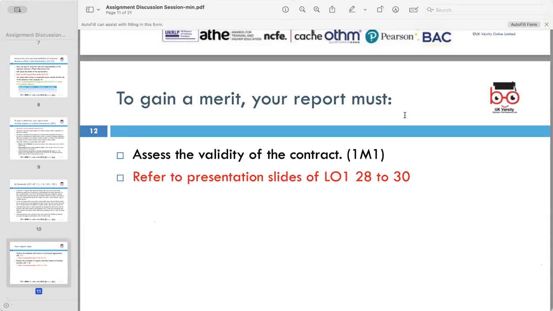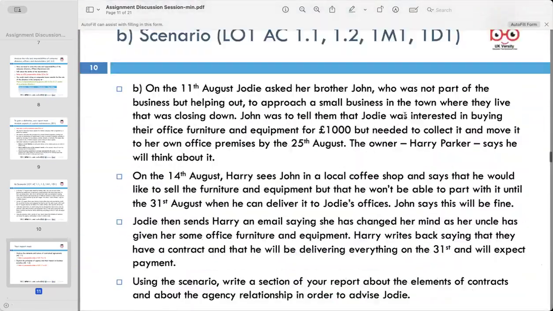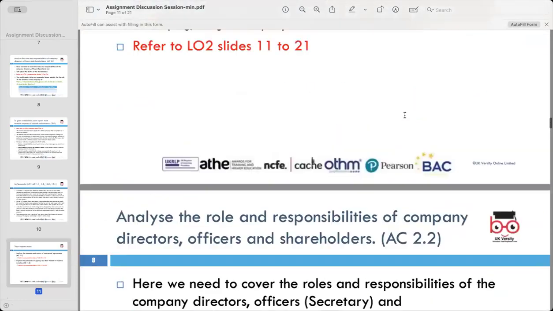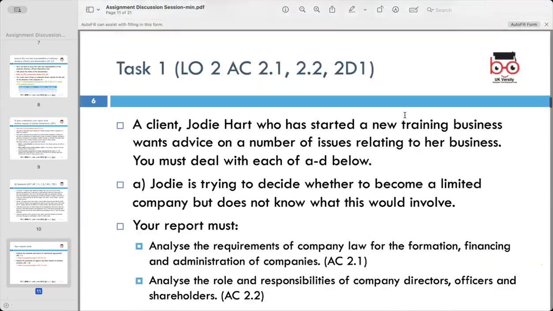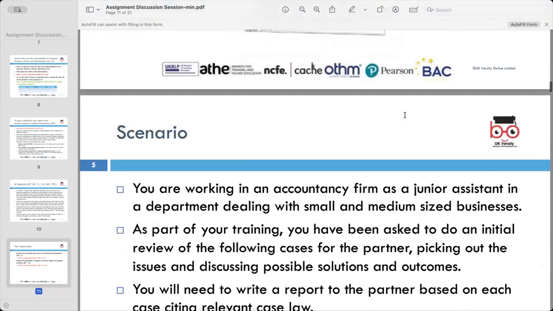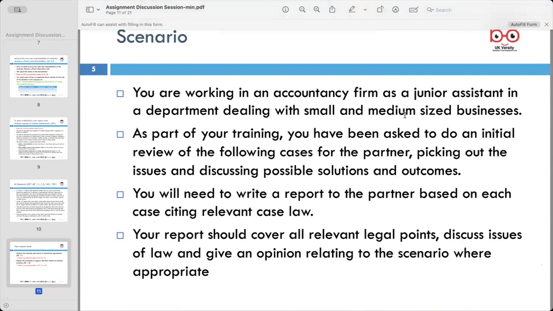So in the beginning of the assignment, do we have to mention any point like, okay Jody, this is the points we need to mention in the contract, like a conversation? If you go here, you're working in an accountancy firm as a junior assistant.